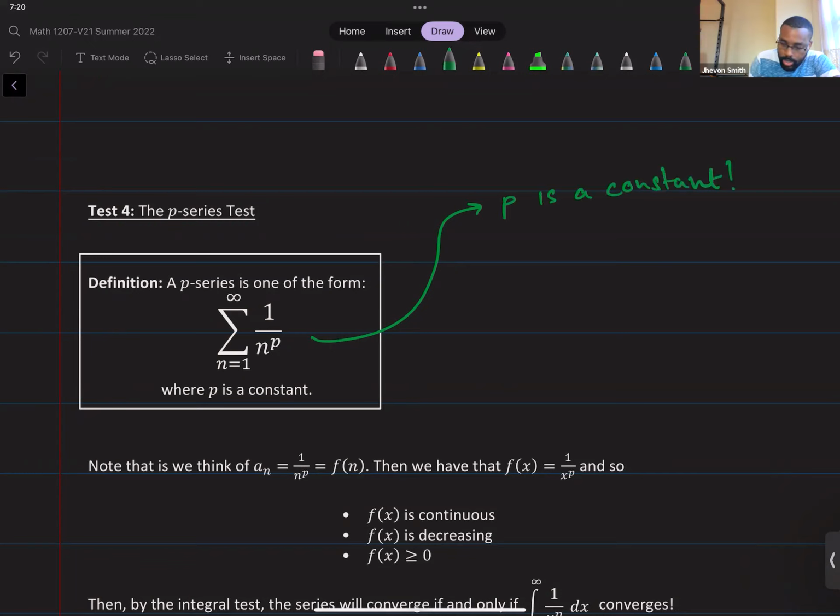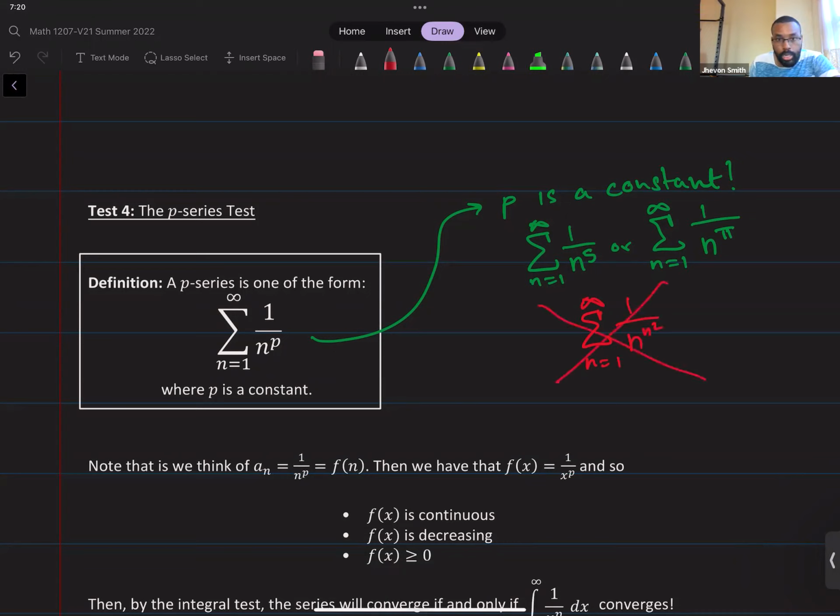It's a number, right? So it's like the sum from 1 to infinity of 1 over n to the 5, or of, say, 1 over n to the pi or something like that. It is not, if you see 1 over n to the n squared, that's not an example of what we're talking about, right?